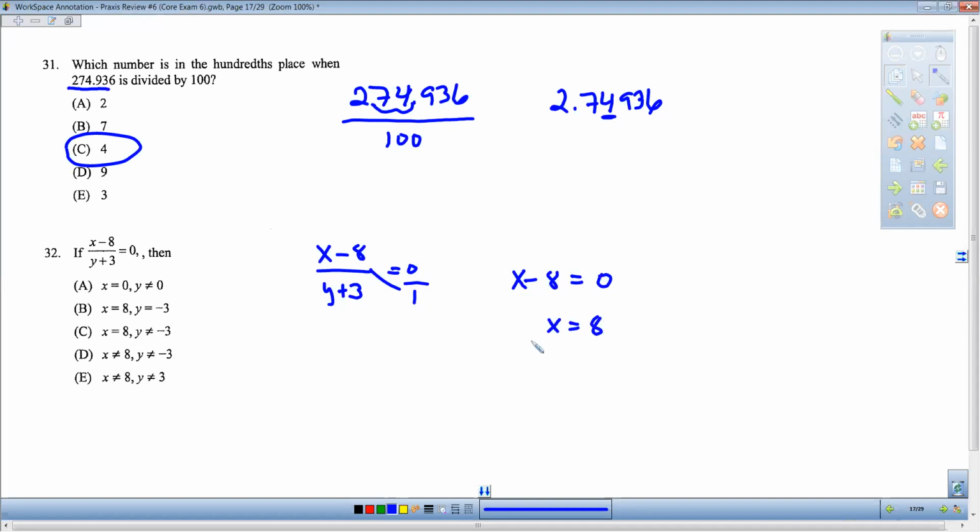Now, I want an answer of 8, which means B and C are my choices. And what is this y business? Well, that just means that you can't have 0 in the denominator. So that means y cannot be negative 3. So C is your answer.